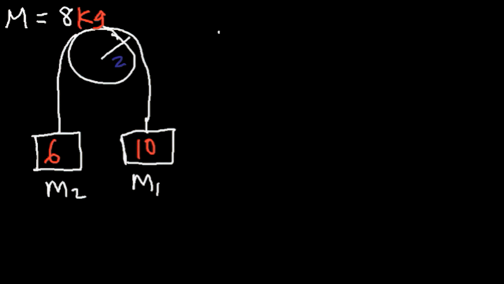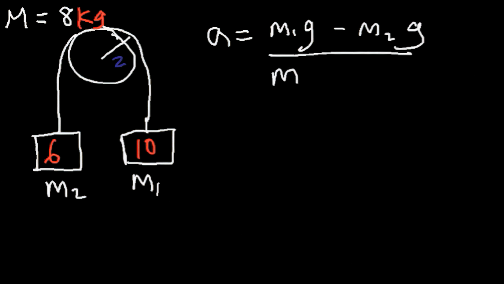To find the acceleration, it's going to be the force that accelerates the system in a direction of motion, that's the weight force, which is m1g. And the force that opposes motion is the weight force of block 2, and that's m2g, divided by the total mass, which is the mass of block 1 plus the mass of block 2 plus the inertia over r squared, which for a disk it works out to be 1/2 m.